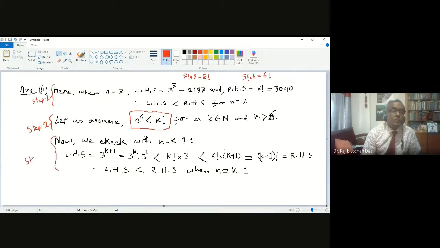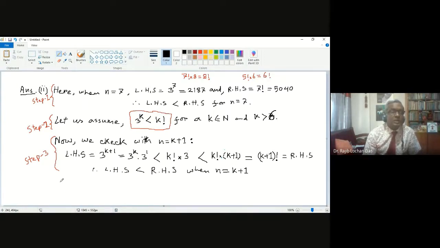Now if you finish here and do not write anything, then it will be wrong. I will cut marks for that because this is logically meaningless. You have to write a conclusion.